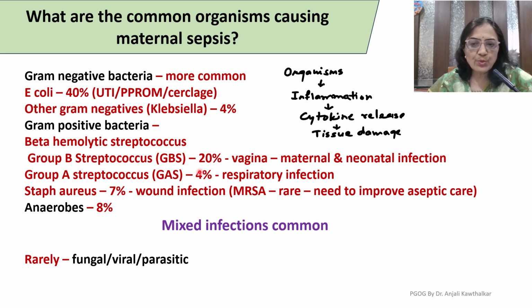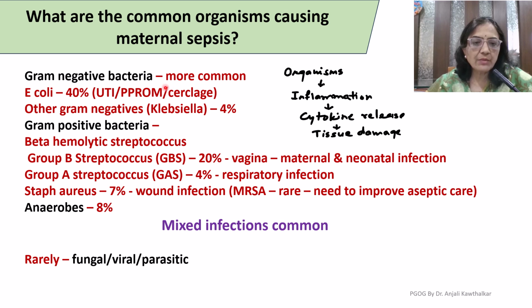And that is why GBS prophylaxis is being recommended in the newer guidelines now. Group A streptococcus leads to respiratory infection in around 4% of the cases of this maternal sepsis. Staphylococcus aureus infection is responsible for around 7%.